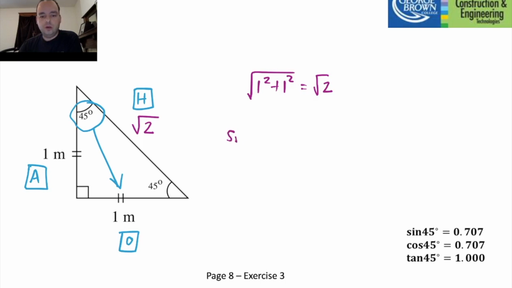So, as defined by SOHCAHTOA, sine, cos, and tan of 45 are going to be as follows. You can write SOHCAHTOA here if you need the extra prompt.